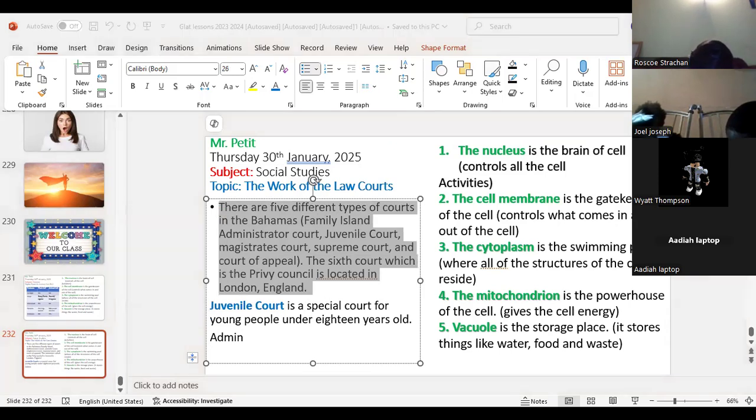So Joel, what is the juvenile court there for? Children who are under 18. Very good. Roscoe, can you read the definition for juvenile court? Juvenile court is a special court for young people under 18 years old. Very good.